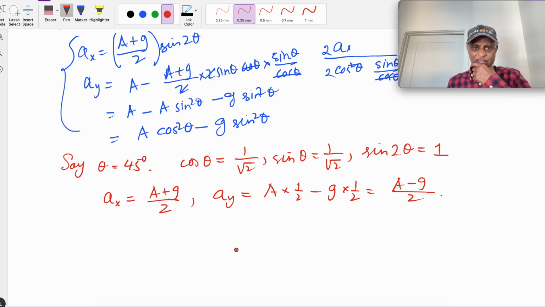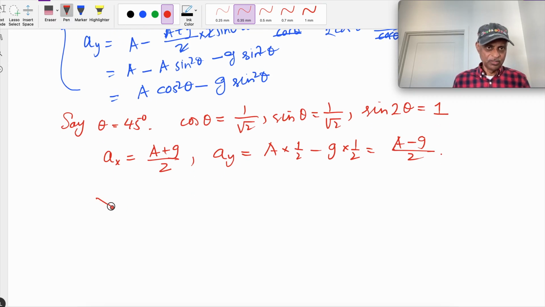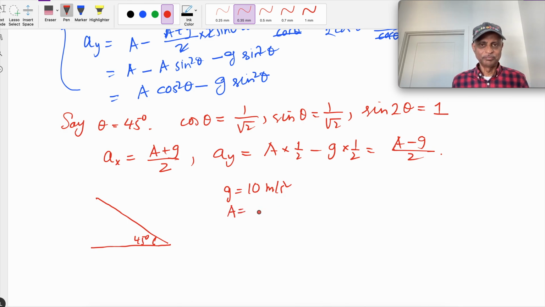So you can see, depending on the values of a, this is going to be in whatever direction. So this is at, say, 45 degrees. Say g is 10 meter per second square. And let's see, a is 5 meter per second square. Okay, just an example.